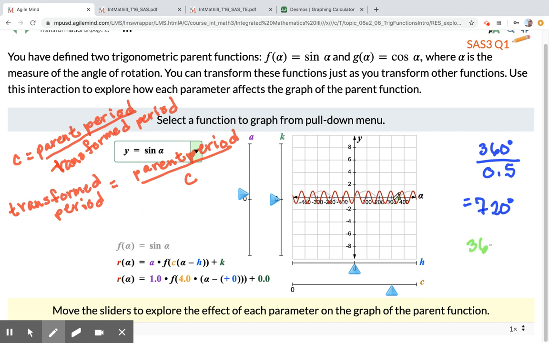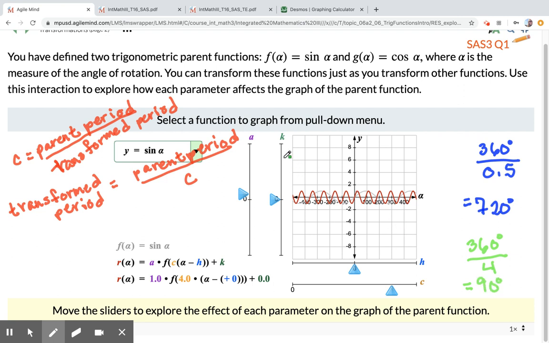Because that 360 degrees is getting divided by C to give me my new period. In this case, I'm doing 360 degrees divided by 4. And again, if you grab a calculator, because that's what calculators are for, you can do 360 divided by 4, and you get 90 degrees.